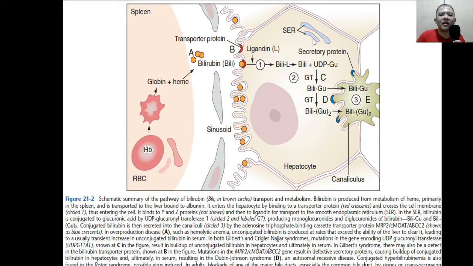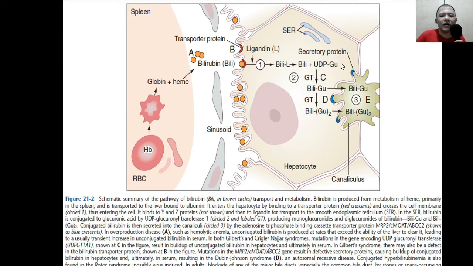Next, if the problem is an inherited bilirubin disorder, then they have two choices: either Dubin-Johnson syndrome or Rotor syndrome.